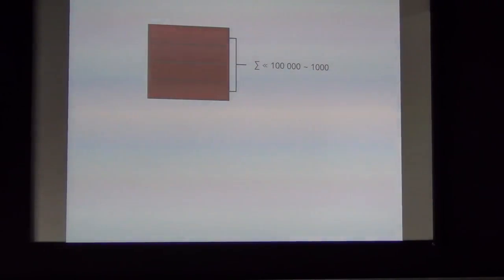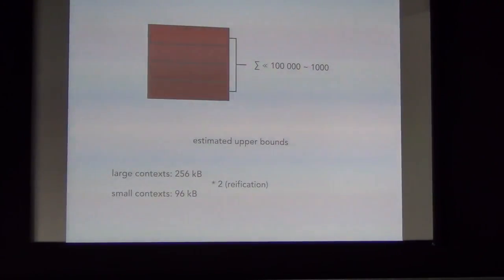Interestingly, the number of contexts in a call stack are usually well below 1,000. So I made tests with 100,000 contexts. And so for 1,000 contexts, we end up with memory requirements of 512 kilobytes or 192 kilobytes.